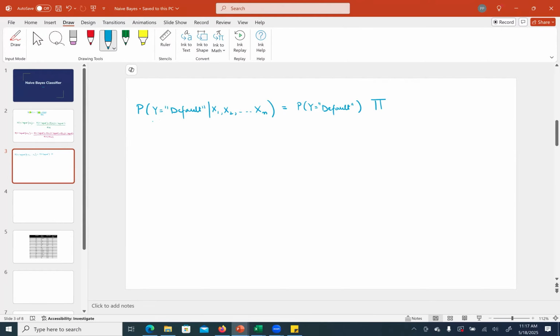What is this symbol? Pi. Right, pi. Just like we have summation, this symbol represents multiplication. Multiplication of what? Probability of xi given that y will default.